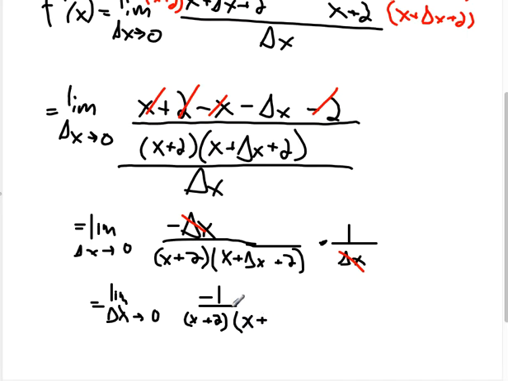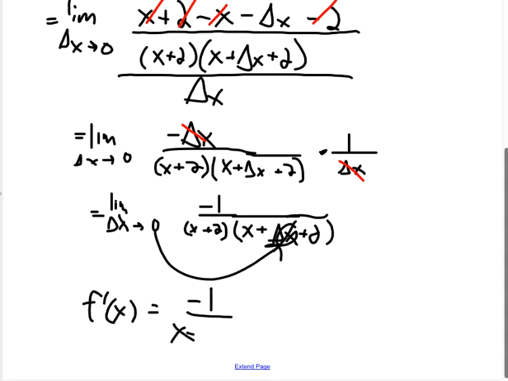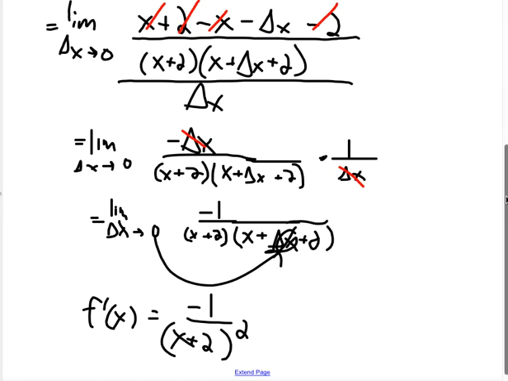Oh, my power of my board just went back on. Right, and so here, now I can take the limit, I plug in my 0, and I get -1 over the quantity x plus 2 quantity squared. Again, that's the slope at any point on this original curve.